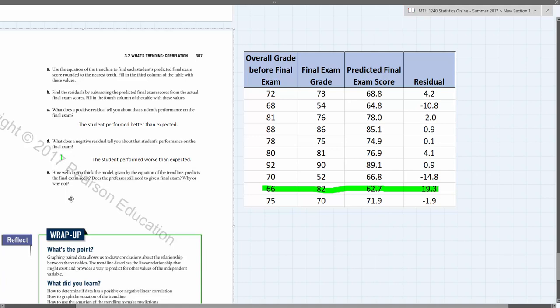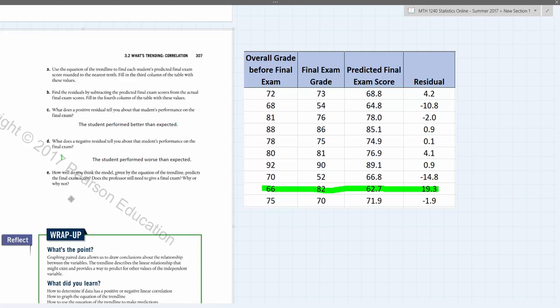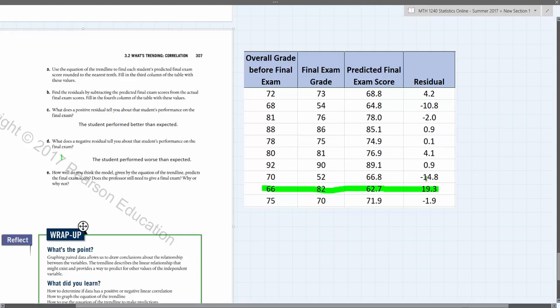Part E says, how well do you think this model given by the equation of the trend line predicts the final exam score? Does the professor still need to give a final exam? Why or why not? You could make some argument here, but thinking about this a little bit, we do have cases where the residual is nearly one whole letter grade or more. Like these students I'm highlighting in green, those are nearly 10 percentage points, or the lowest one here is nearly 2 letter grades.